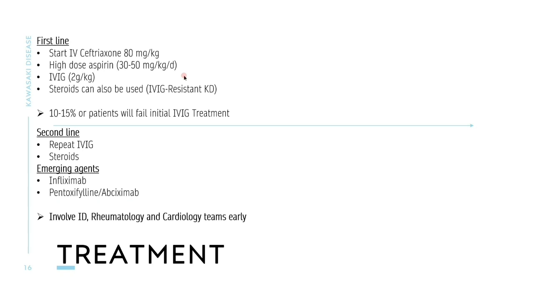But it's the giant coronary artery aneurysms, specifically those that measure 8 millimeter or more on the echo, that will need treatment and intensive care. But the recent research is pointing towards that there's no role for high-dose aspirin in preventing development of giant coronary artery aneurysms.